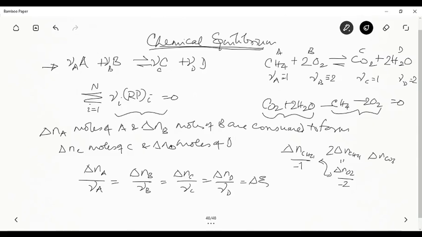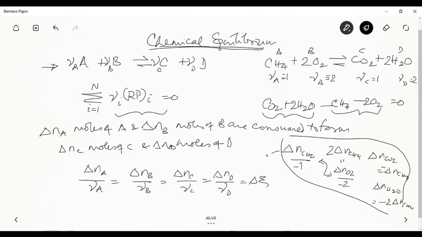Delta NCO2 will be actually equal to delta NCH4, because for every mole of this there is 1 mole of this, and delta NH2O with a minus sign, of course, right, and delta NH2O will be -2 delta NCH4. Okay, so if I use this, then I should be able to write this expression very clearly.